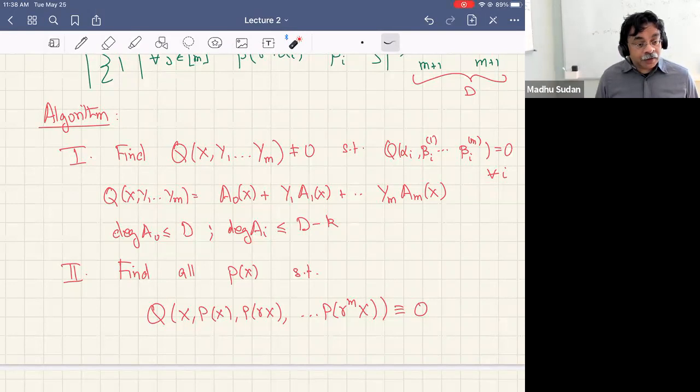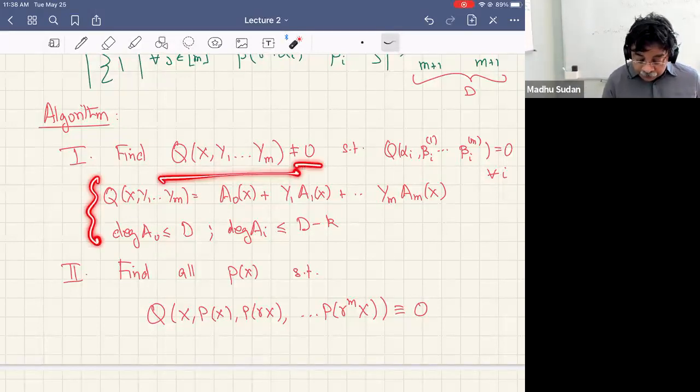So step one, I think most of us believe, is a big linear system. And why is the degree of yi in Q only 1? We are going to look for a Q, so these are conditions on my Q. Find Q such that this is true, that is true, and that is true.